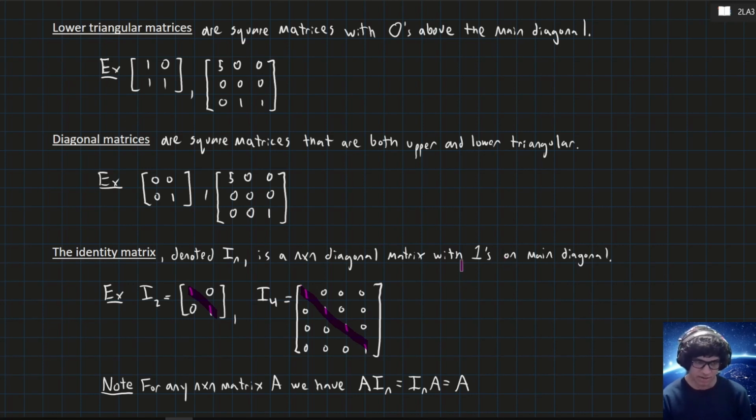The identity matrix has the property that when you multiply it by any other square matrix of the appropriate size, you just get that other matrix back. So A times I is A, I times A is A. It's like multiplying by 1 in real numbers.